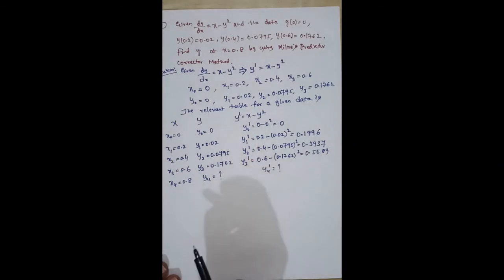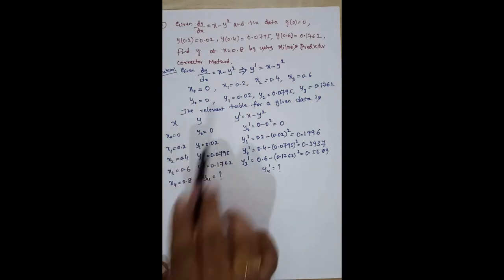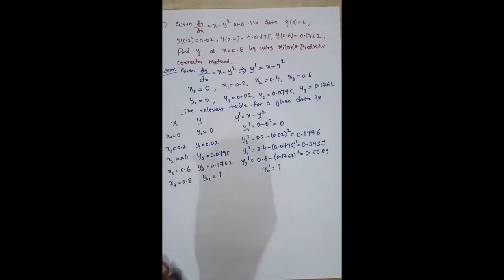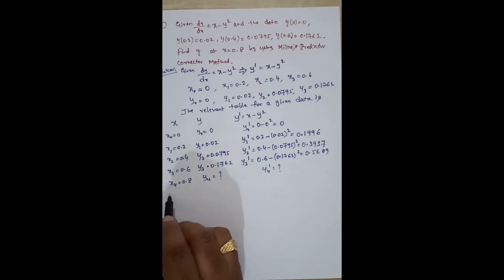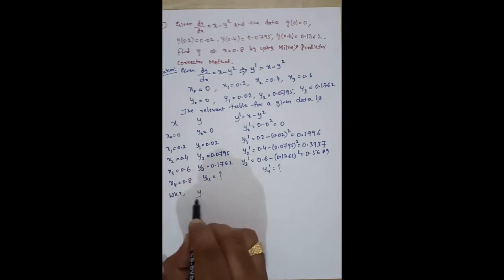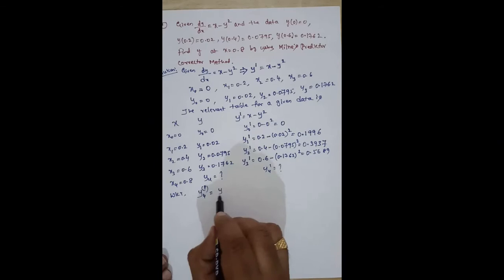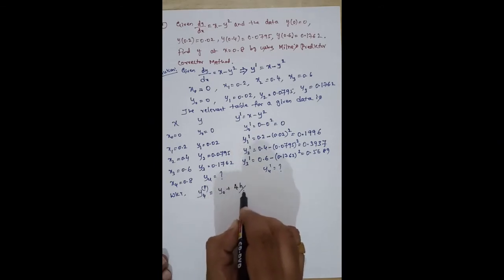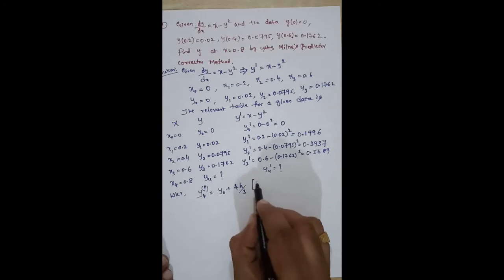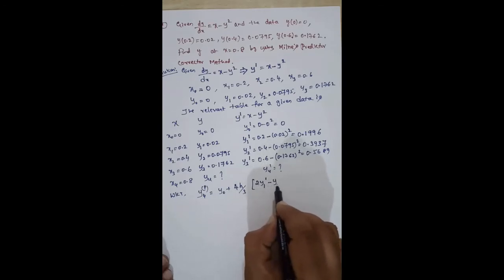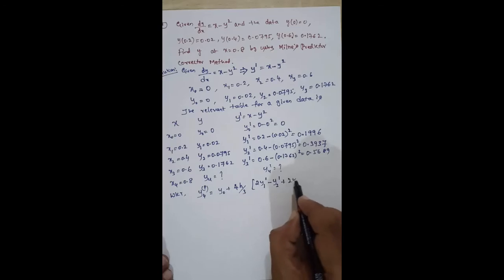Right? So this is the first step here. So construct a data table consisting the values of x, y and y dash. Now after this, according to the working procedure, you have to find the predictor value. So we use a Milne's predictor formula. We know that y4 power p, Milne's predictor formula is given by, it is y0 plus 4h by 3 into 2y1 dash minus y2 dash plus 2y3 dash.